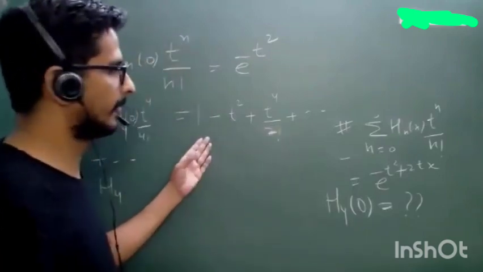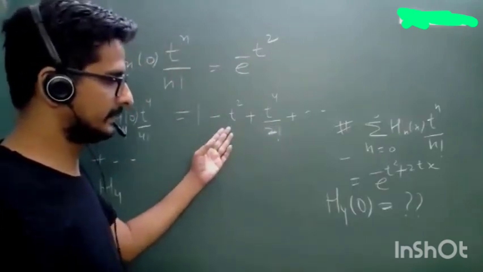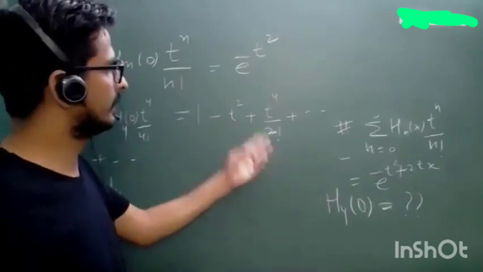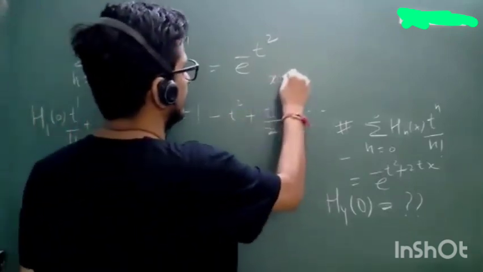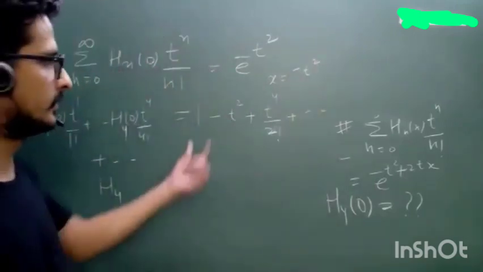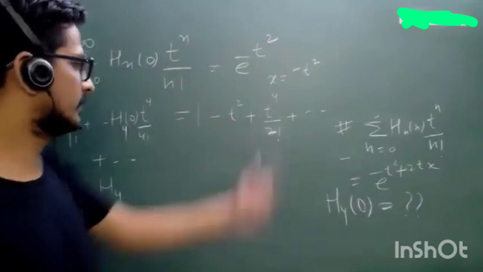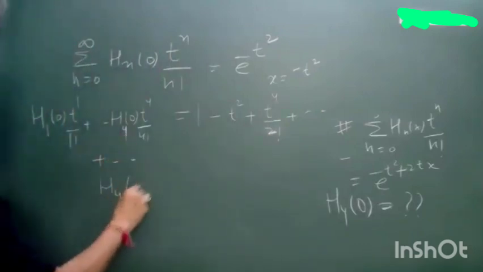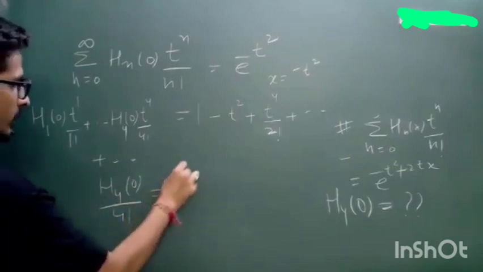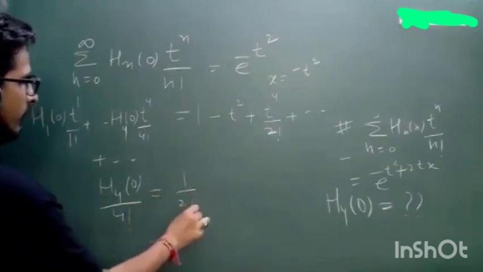1 plus x square, na? So what is the value of x here? Minus t square. So what is the exponential expansion? So you will get H_4(0) by 4 factorial is equal to 1 upon 2 factorial.